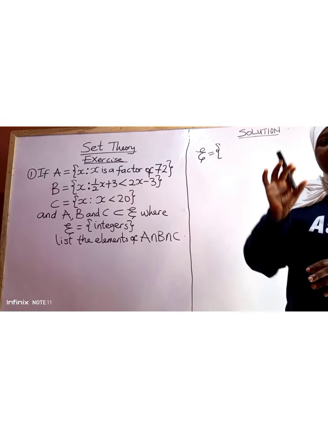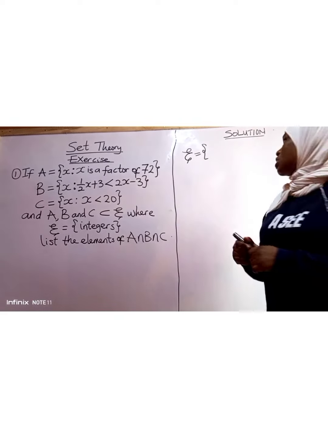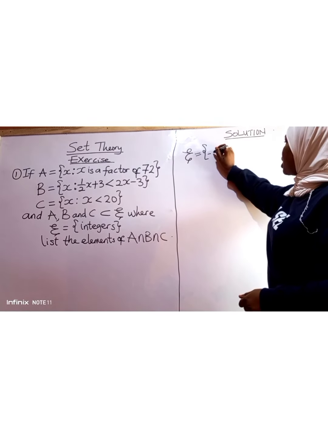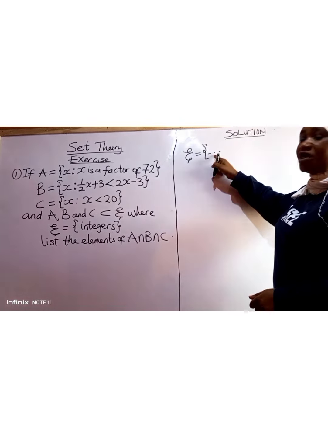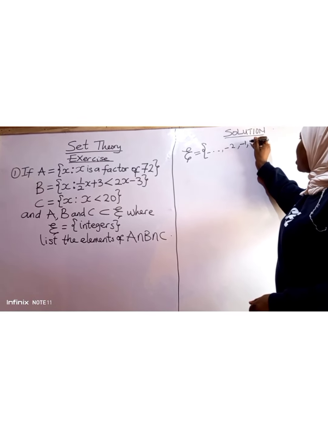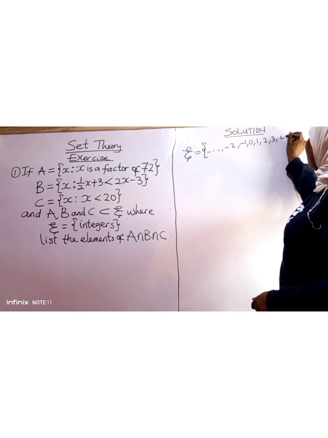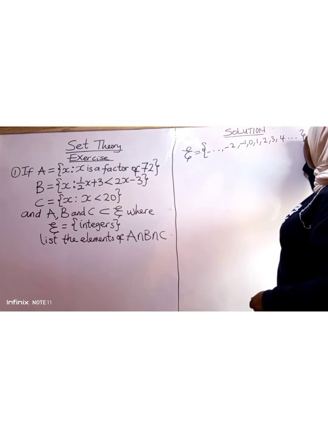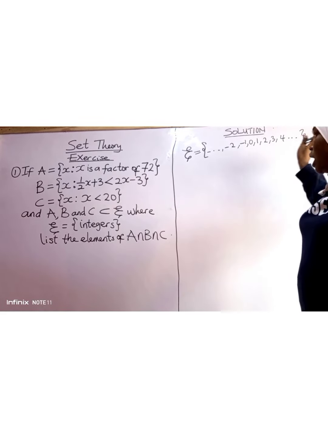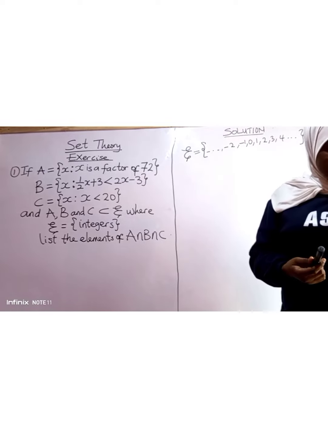And integers consist of 0 and the negative natural numbers. So we have negative infinity, then ..., -2, -1, 0, 1, 2, 3, 4, and so on to positive infinity. That means this is an infinite set.